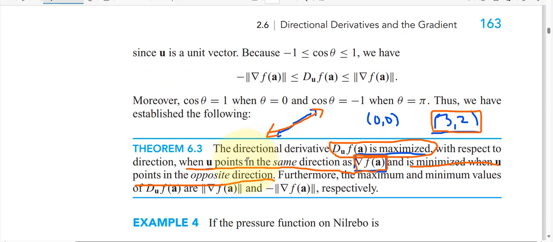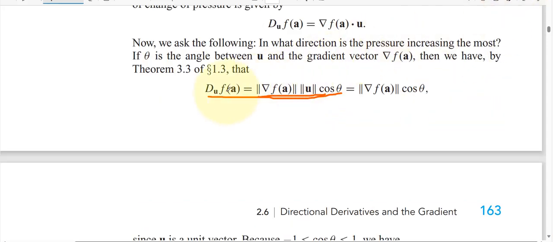That is where the result that says we should move in the direction of the gradient comes from. And why is that?